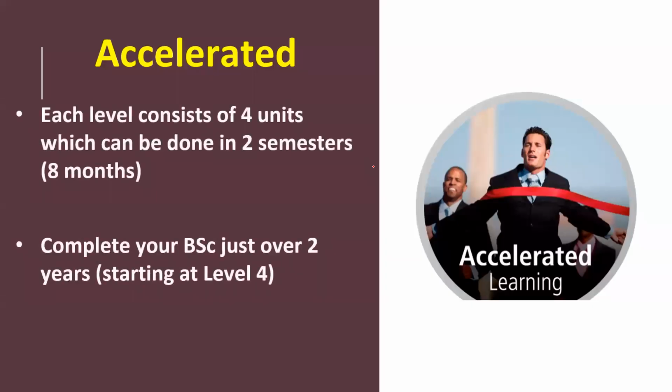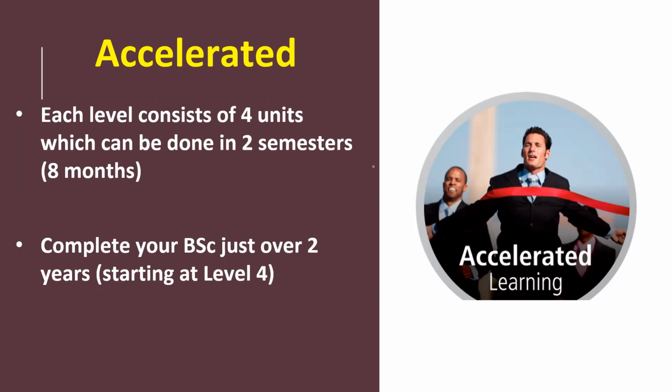All right. In terms of accelerated, each level consists of 4 units, which can be done in 2 semesters or 8 months. You have the ability to complete your BSc in IT in just over 2 years if you start at level 4, right? If you start at level 5 or 6, of course, it's going to take you a lot less time, and it's also going to cost you a lot less.